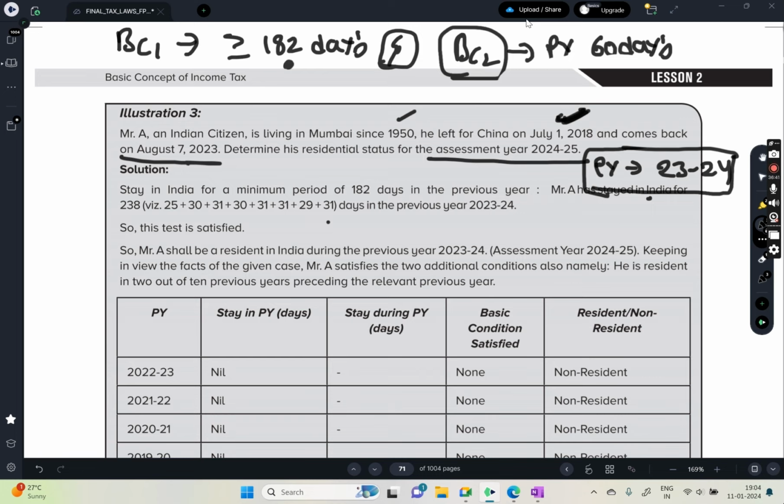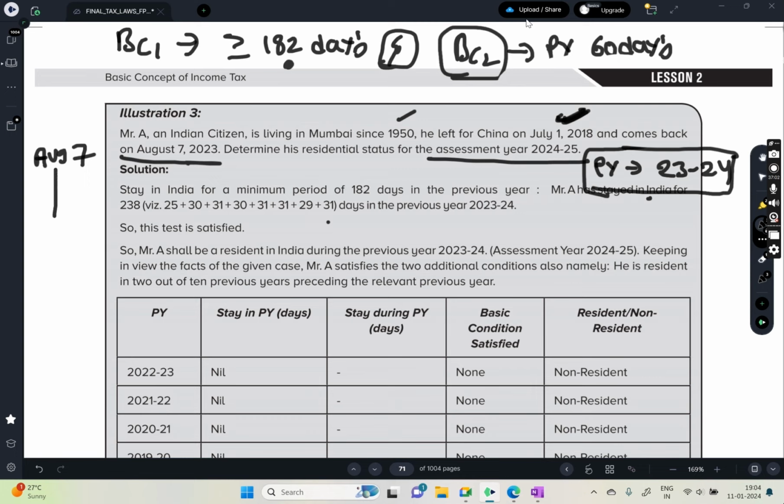So here we need to determine his stay in India in the previous year. Can I consider August 7? Yes, for arrival and departure dates, both will be considered.